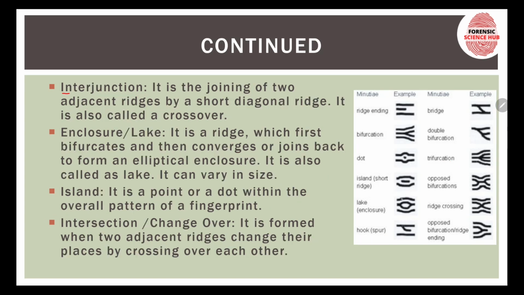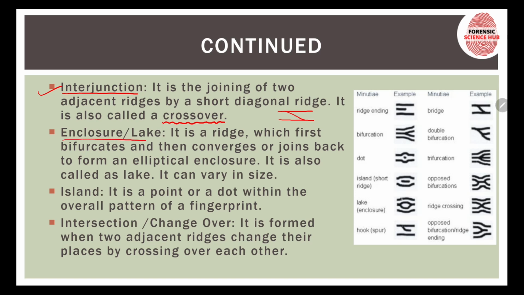Then next comes interjunction. It is the joining of two adjacent ridges with a short diagonal ridge. For example, these are the two ridges and then there is a short diagonal ridge in between them. This is known as interjunction, and interjunction is also called crossover. There is no example in this picture, but I have drawn it here for you.